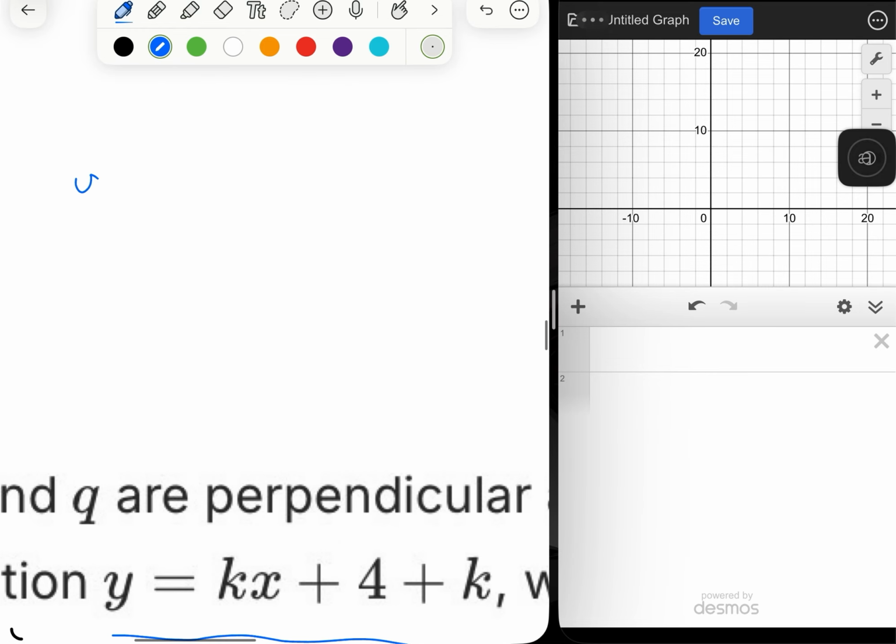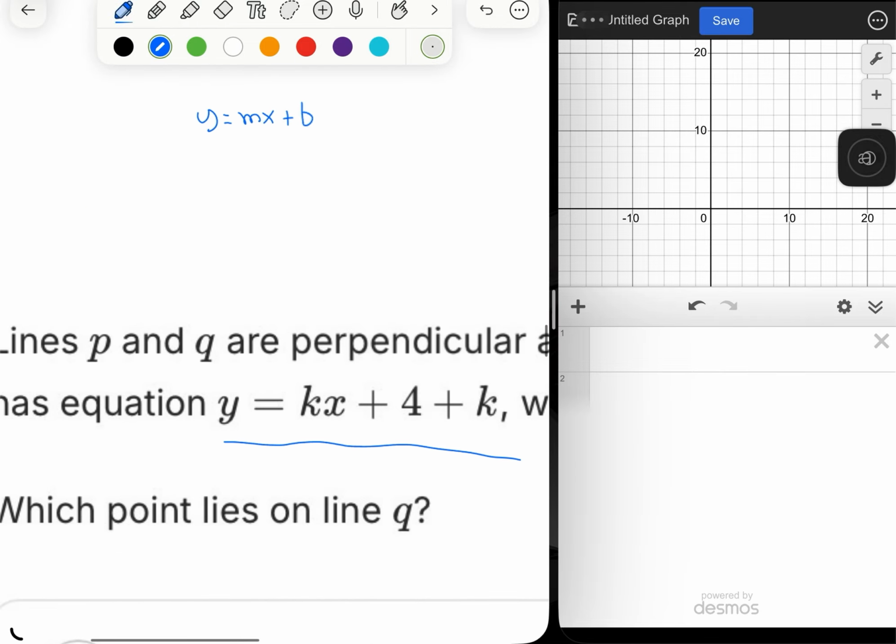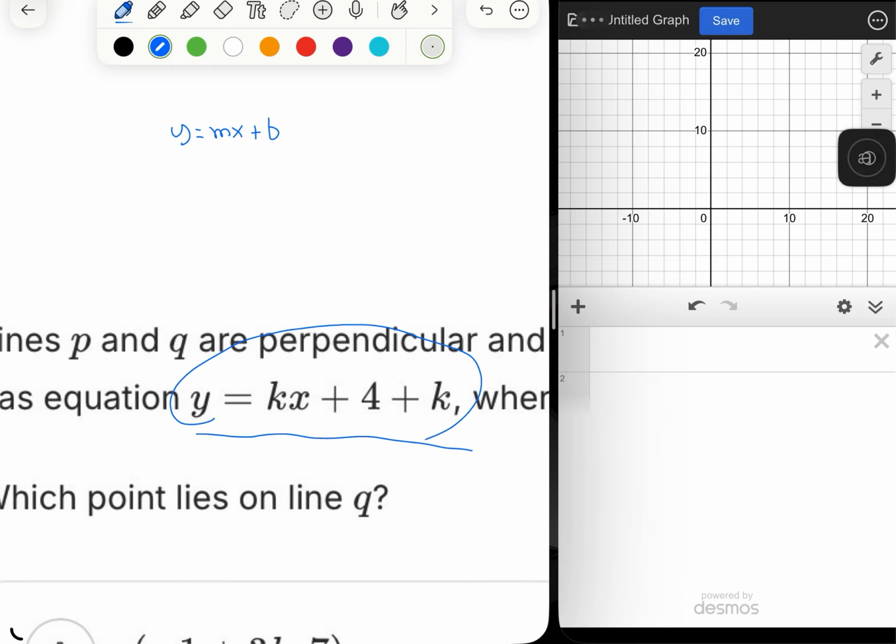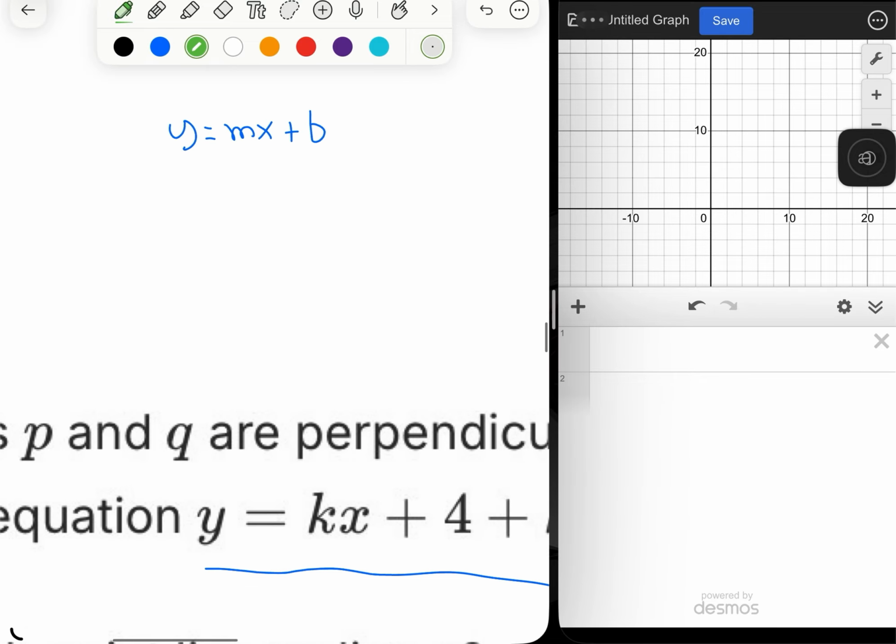If you remember, y equals mx plus b is a representation of a linear equation, where m is the slope and b is the intercept. This is called the slope-intercept form. And if you notice, this is very similar to the equation given. So let's write that equation down.